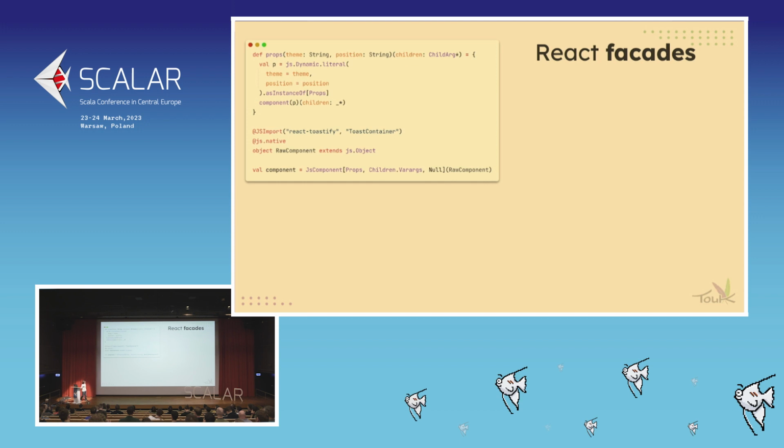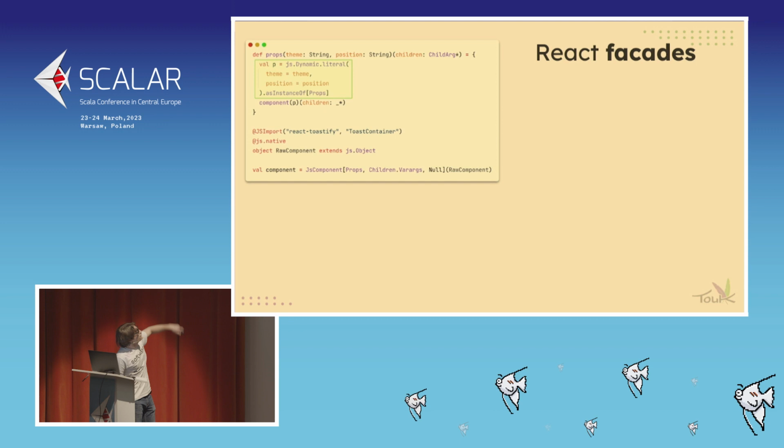So what we are doing here is taking some fields from the documentation. I've taken only two of them, which are theme and position, and we cast them to the props. So right now, let's say that's a connection between properties from that library and what we are going to provide in that method. And a little bit further, I forgot to mention that I'm doing that example with React Toastify.